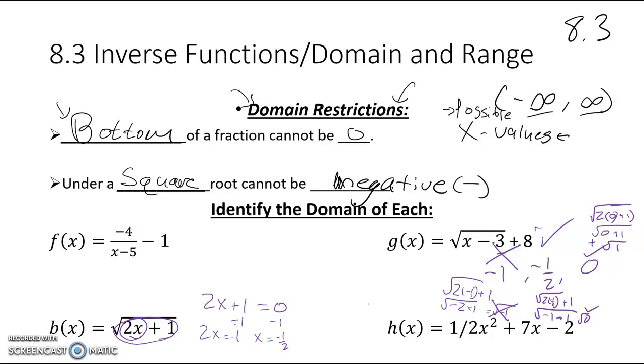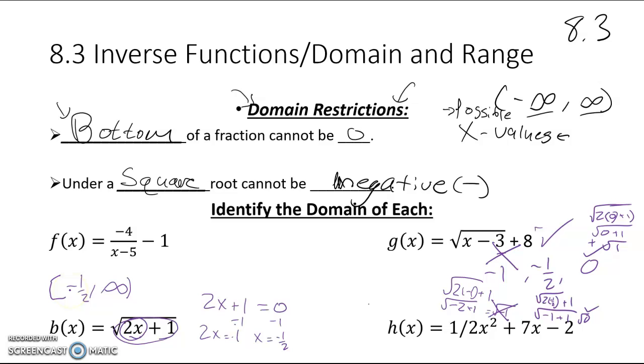So the way that I would set up my domain is I can plug in numbers at negative 1/2, and then all the numbers that are bigger. So eventually I'm going to reach infinity with a parenthesis, and then I can plug in negative 1/2, so I'm going to use the bracket there. I use this bracket to say I can plug in negative 1/2 instead of the parenthesis.